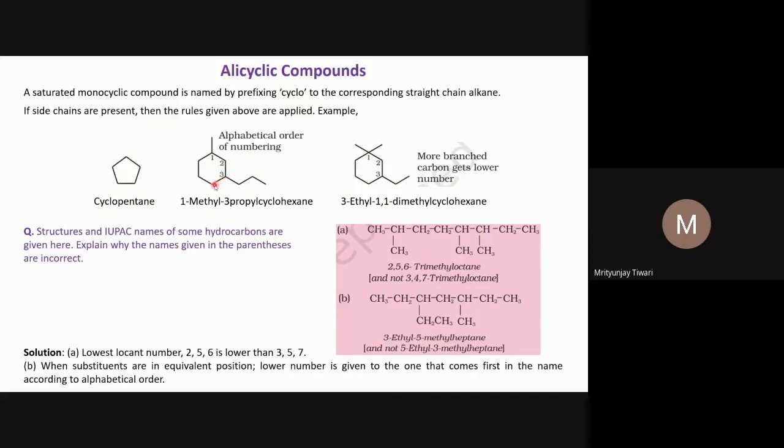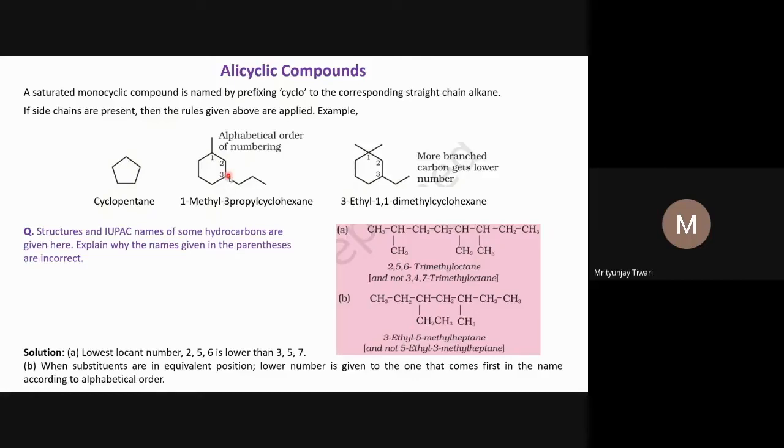So 1, 2, 3, and then one can even write 4, 5, 6, but that is not important for us, because there are a total of 6 carbon atoms. So this is cyclohexane. Like cyclopentane, if there was no branching and 6 carbon atoms were part of the ring, we write such aliphatic cyclic, or alicyclic, compounds as cyclohexane.